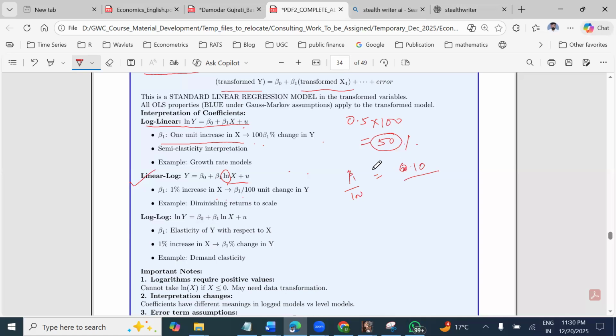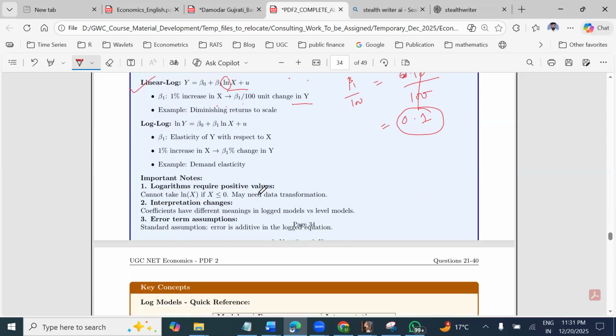Let's say that beta 1 you got 10. So you divide by 100. So how much is 10 by 100? 0.1. So it means 1% increase in x leads to 0.1 unit change in y. Okay. So this is how you will be interpreting.